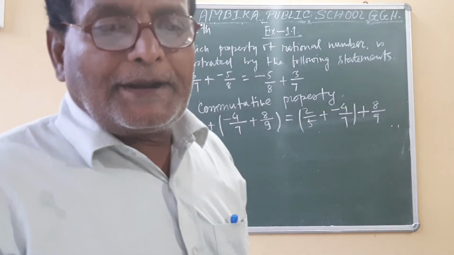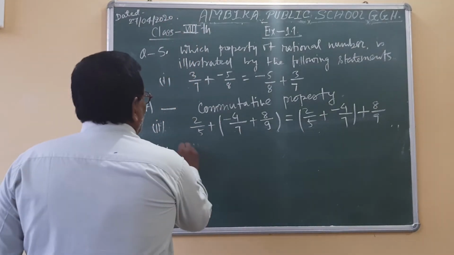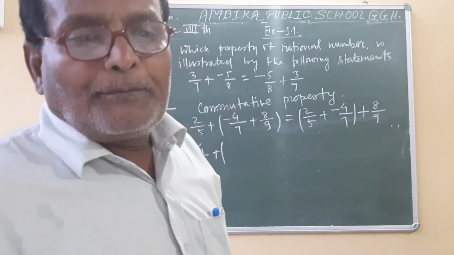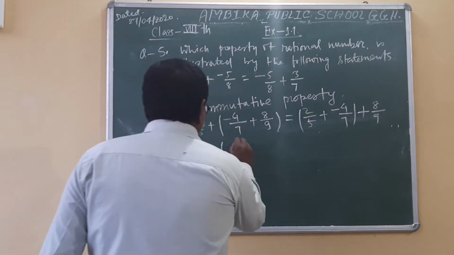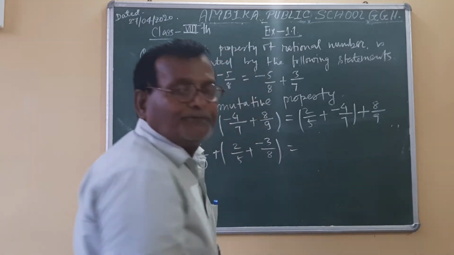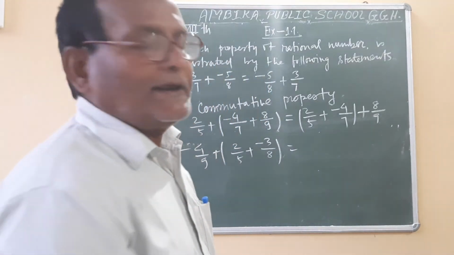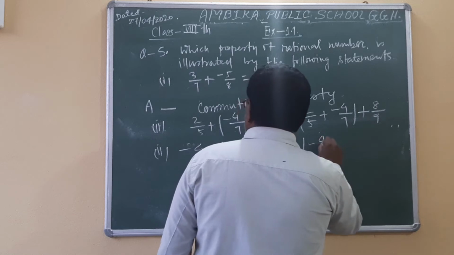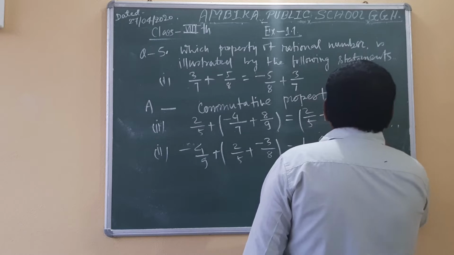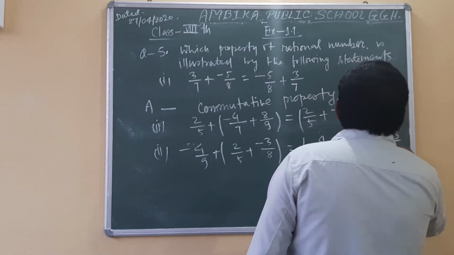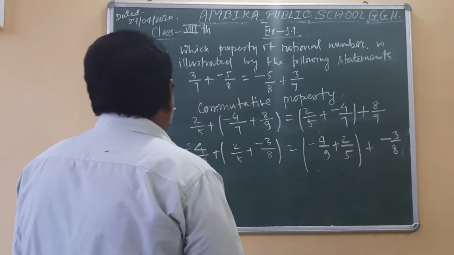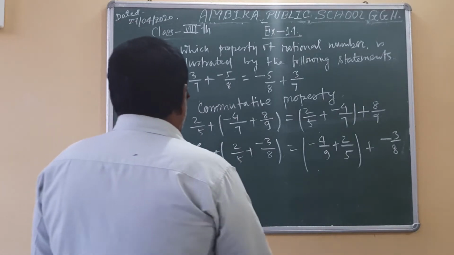Question number 3: -4/9 + (2/5 + (-3/8)) is equal to (-4/9 + 2/5) + (-3/8). This is also based on associative law.